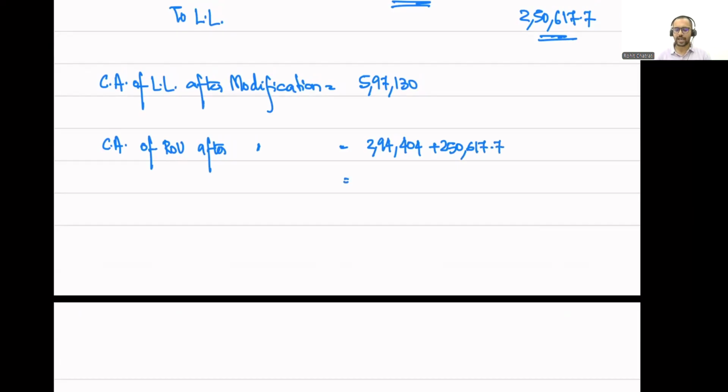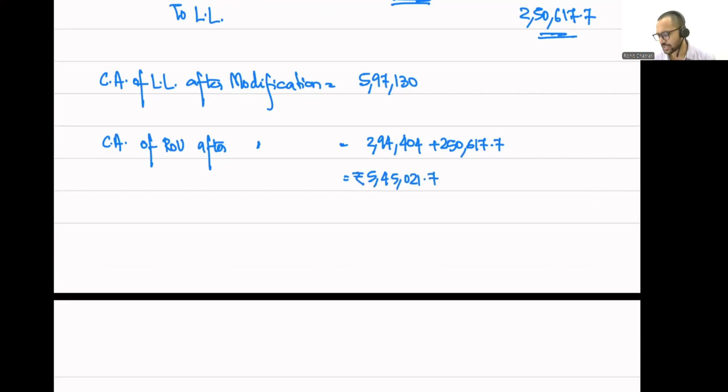Therefore, the carrying amount of the ROU asset is going to be equal to 5,45,021.7. All right. So after modification, the right of use asset is going to have a carrying amount of 5,45,021.7 rupees. So this is going to be the carrying amount of the lease liability after modification at beginning of year 7.